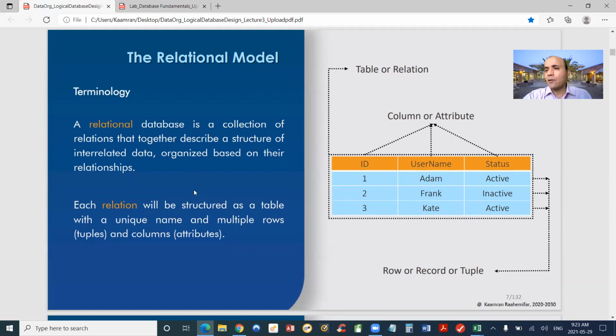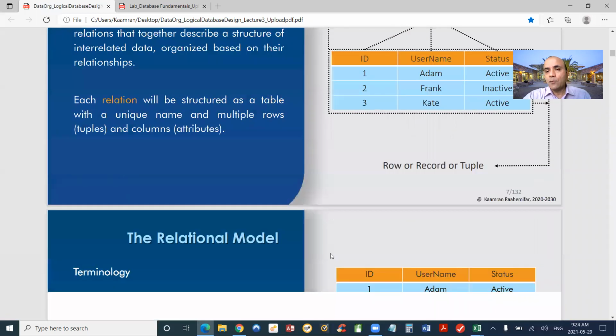This is kind of mathematical now. We will go a little bit into the math along the way as we finish this lecture series. A relational database is a collection of relations that together describe a structure of interrelated data organized based on their relationship. Each relation will be structured as a table with a unique name and multiple rows, tuples, and columns, attributes.